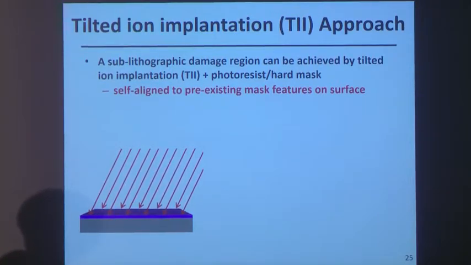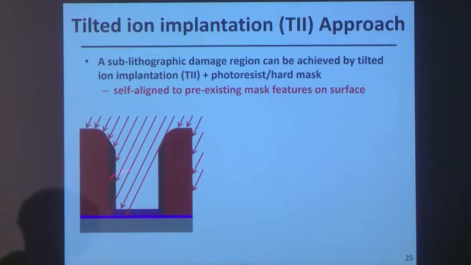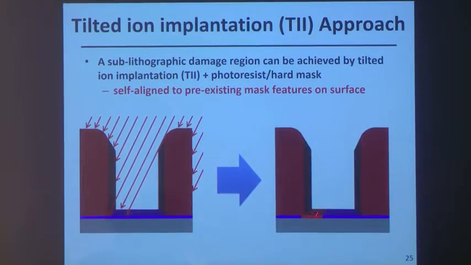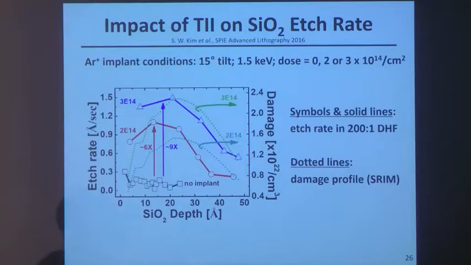We can implant it to cause damage in that layer. But if there are pre-existing features, let's say photolithographically defined, on the surface of that hard mask, then you have the shadowing effect. So the damaged region can be arbitrarily small, right? It's just a matter of adjusting the tilt angle or the height of the predefined features or the width of that trench. So it's pretty simple, right?